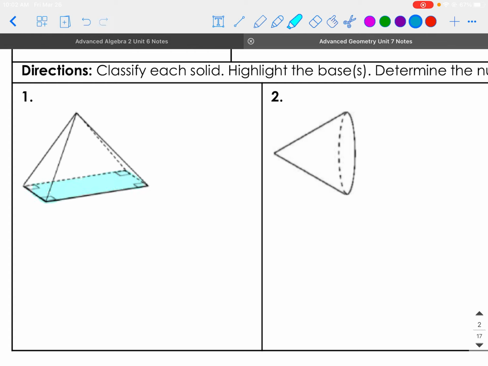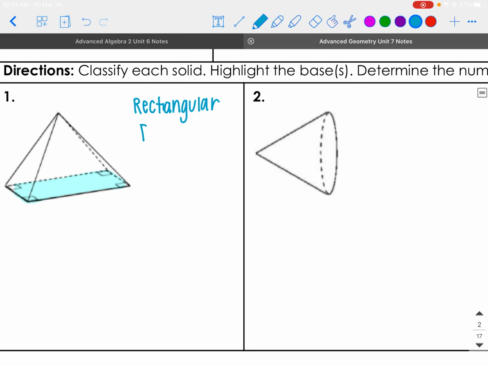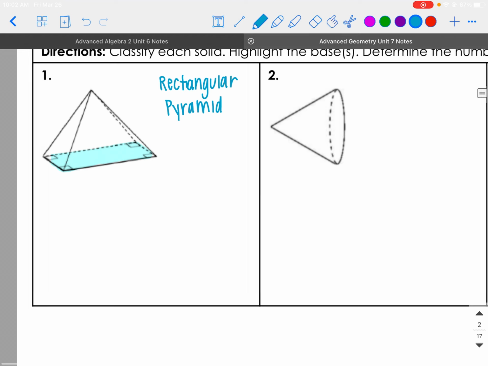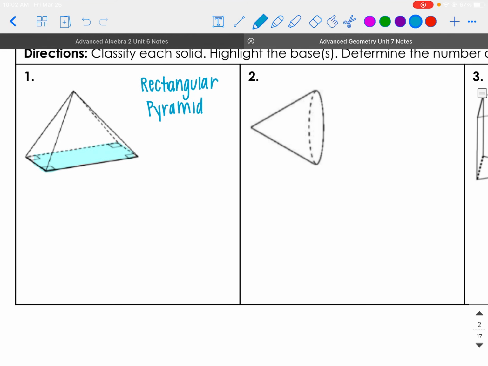It's really only the prisms that are too horribly difficult. So because the base is a rectangle, this is a rectangular pyramid. And it's a pyramid because it comes up to a point.